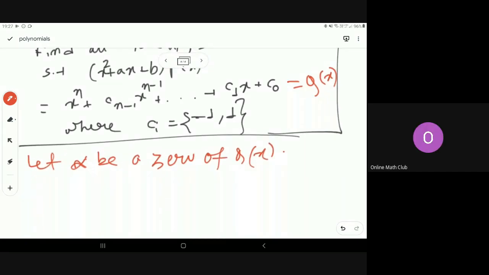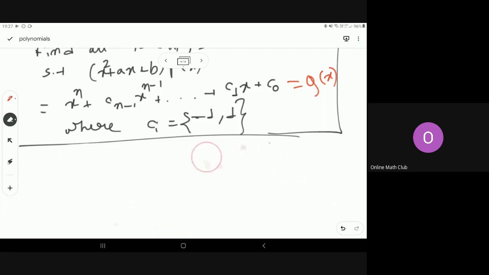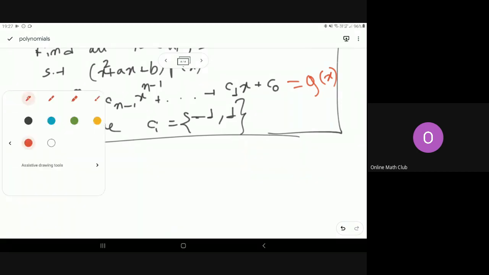Aryan, can you give 1 minute to solve? Okay, yeah, sure. Yeah, give it a go, surely.